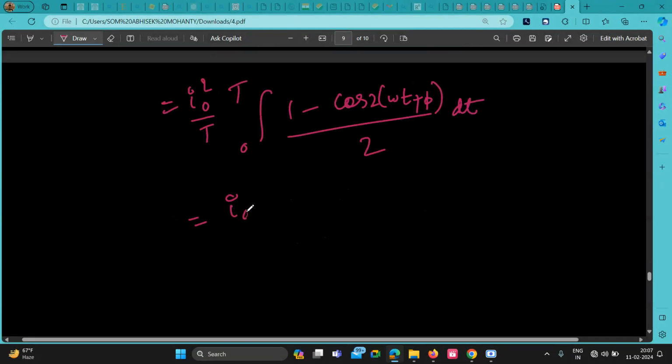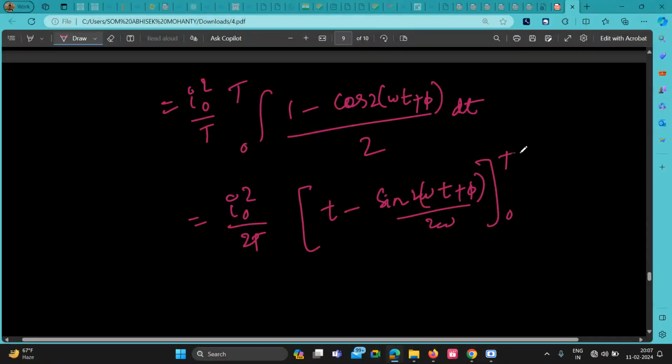So I naught square by 2T. This is your integration: T minus sine 2 omega t plus phi divided by 2 omega, from 0 to T.